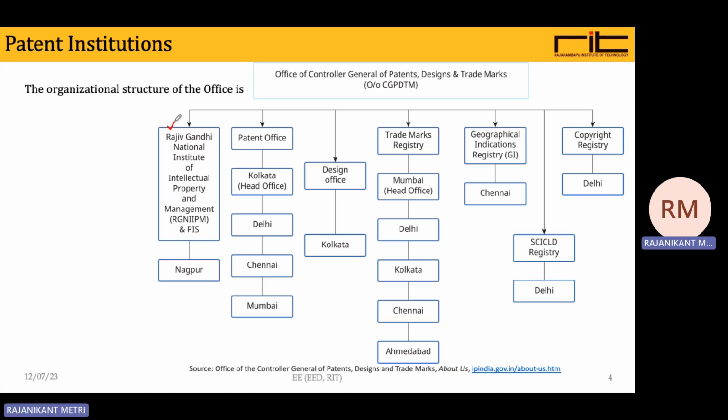So mainly you can see here that patent offices as well as trademarks registry offices are located at four or more locations, and design, geographical indications, and copyright offices are located at a single location. So this is the overall organizational structure of the patent institutions in India.